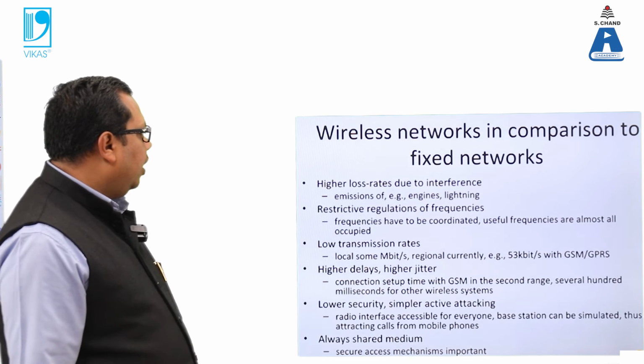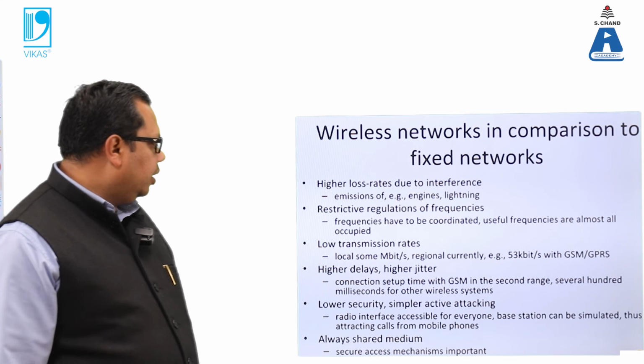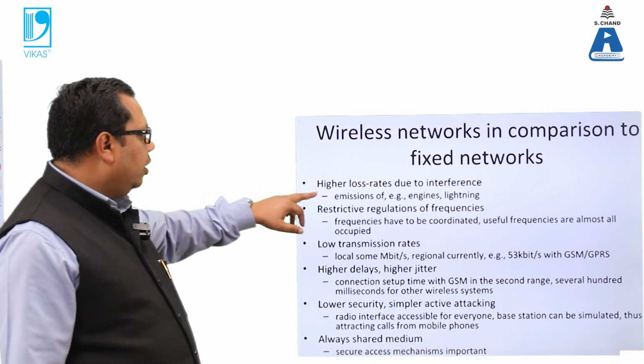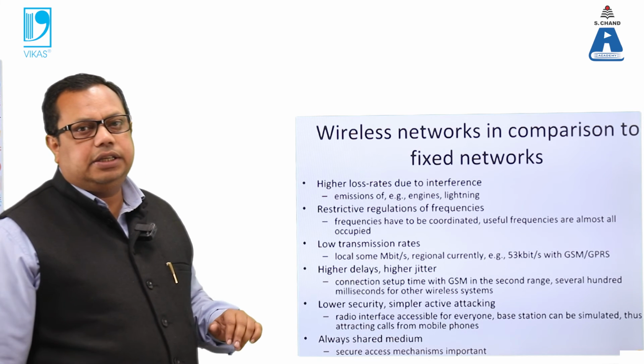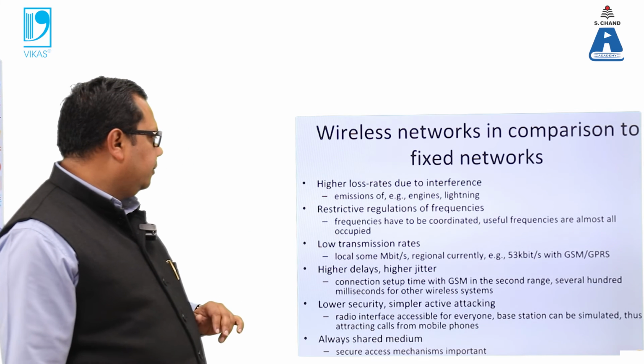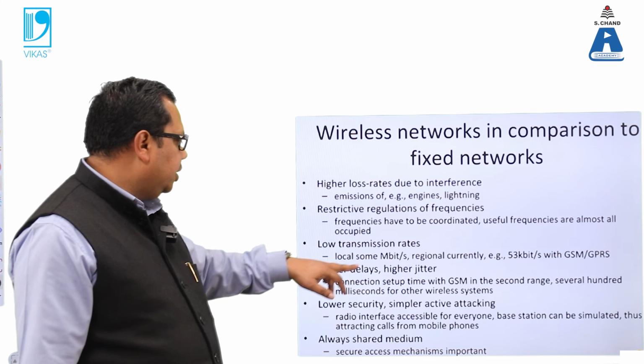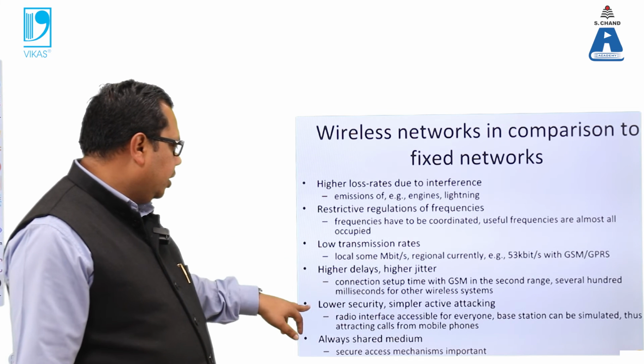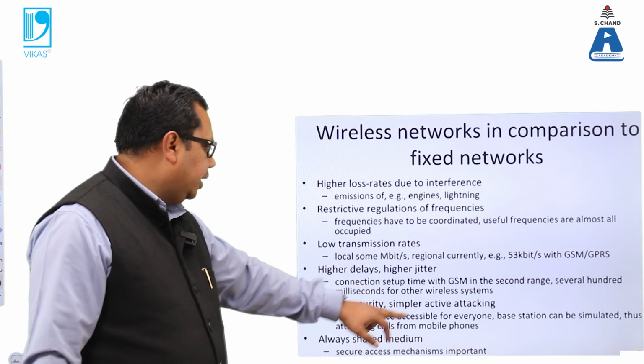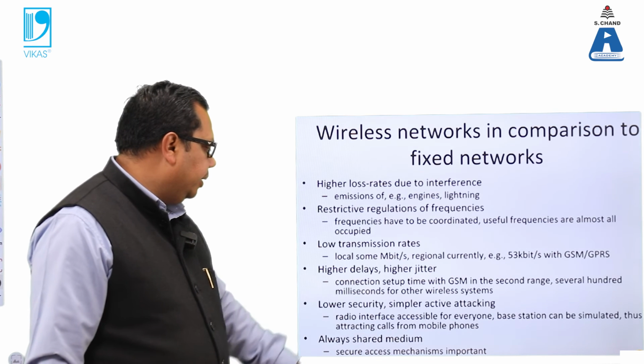Then we have wireless network. In a wireless network, the range is very high, and high loss rate in the sense that distortion factor is less. Then we have low transmission rates, higher delays, lower security, simpler active tracking, and always shared medium.